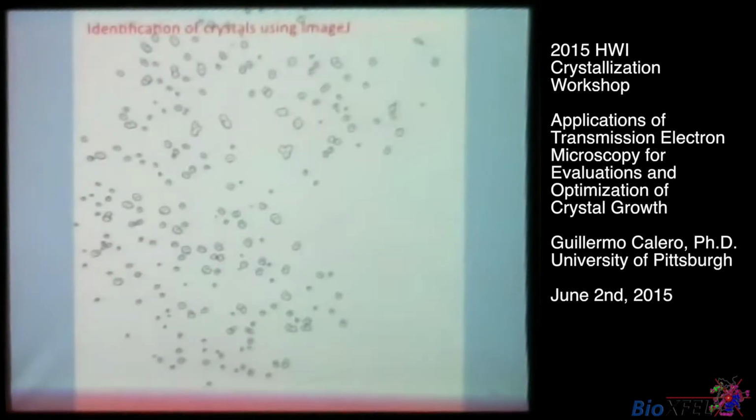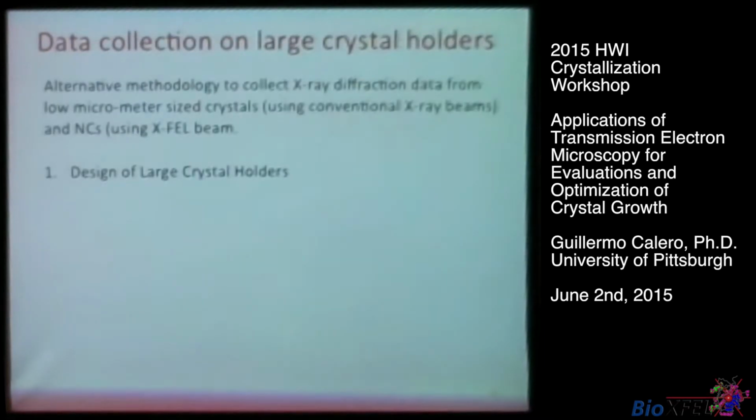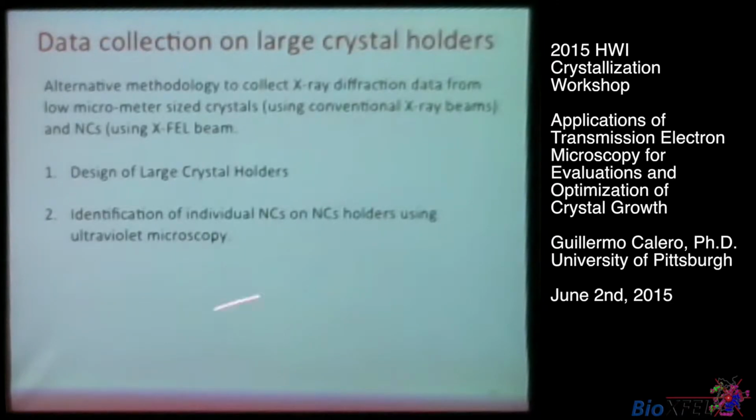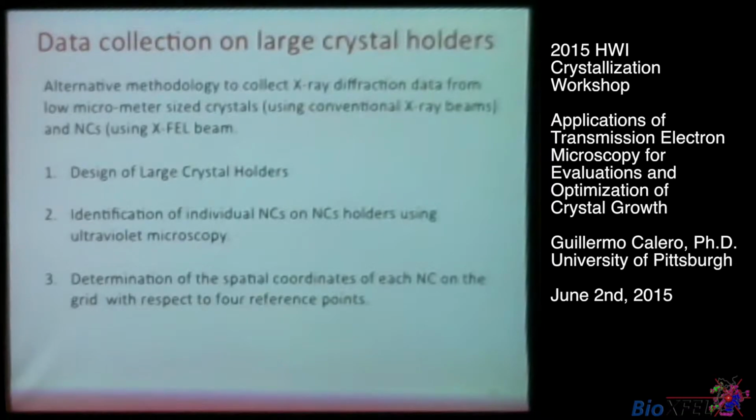So what we needed to do is design a new set of holders for these nanocrystals. And then we wanted to identify these nanocrystals using UV, because as you saw, the positions of the crystals were very clear with UV, while with bright field microscopy we were not able to see them at all.